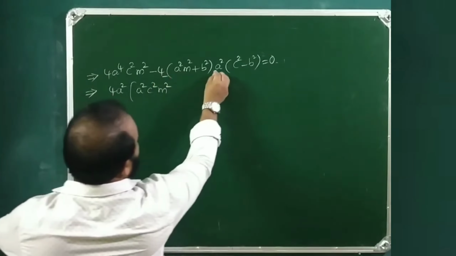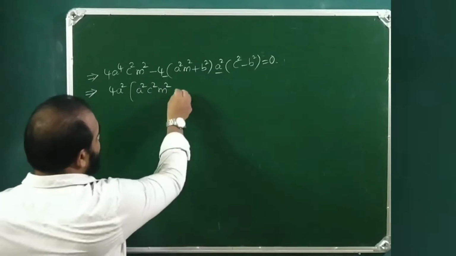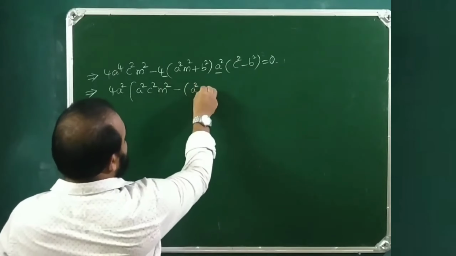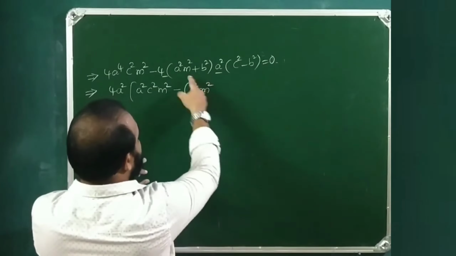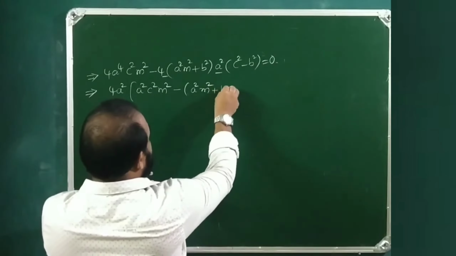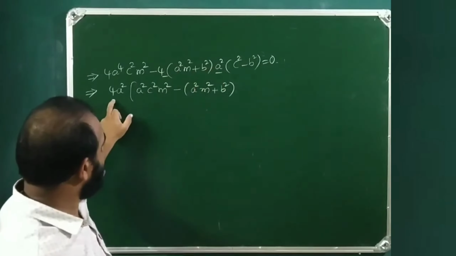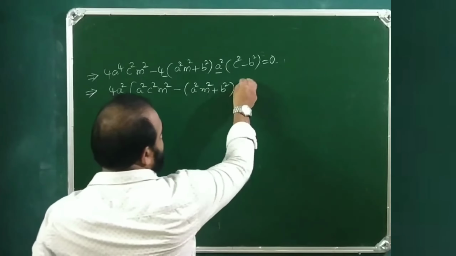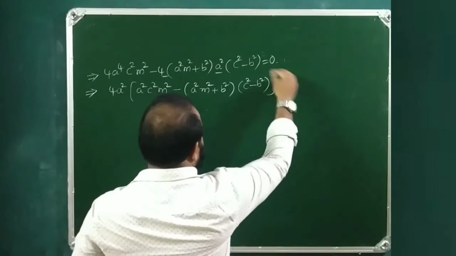So 4a square we have taken common, therefore here we are getting a square m square c square, a square m square plus b square. 4a square we have taken common, so we are left with a square m square plus b square into c square minus b square is equals to 0.